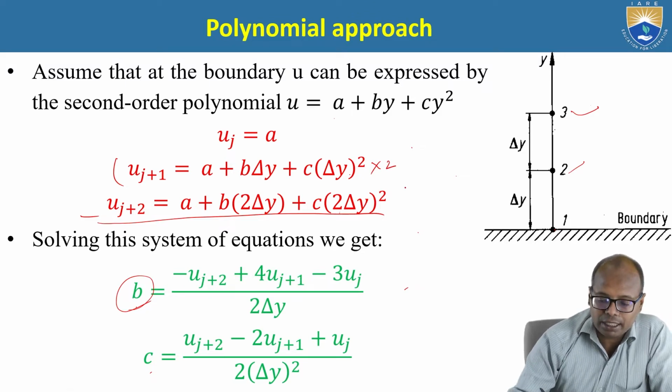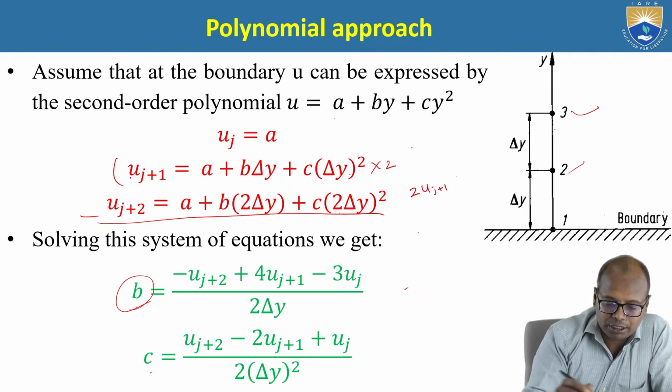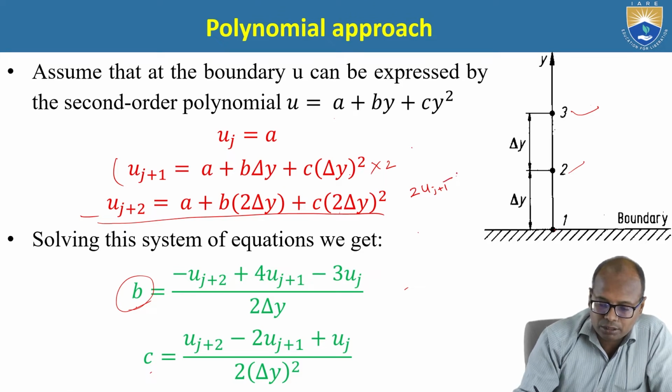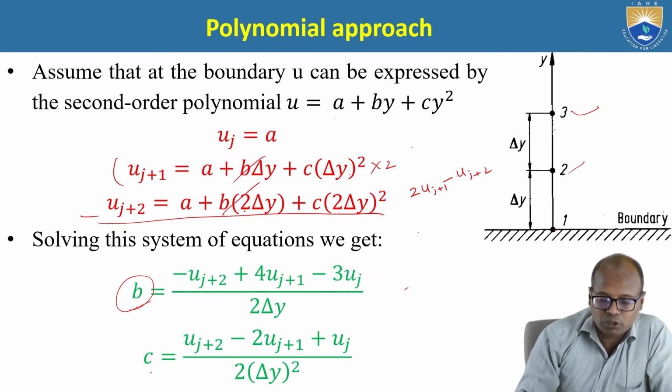If I do like that, what will I get? I will get 2u(j+1) here, and minus u(j+2) here. Here I am multiplying with 2, and here this one will get cancelled, because this is 2 delta y and this is 2 delta y.